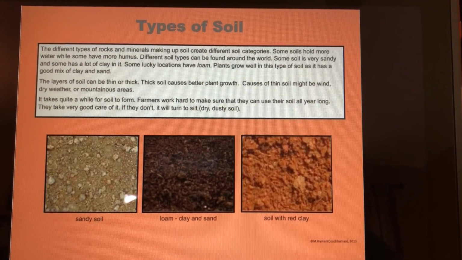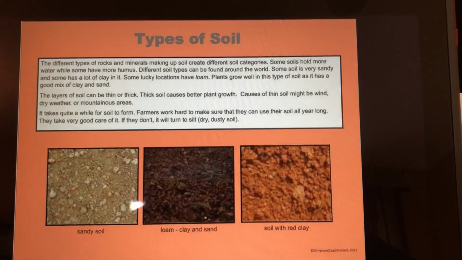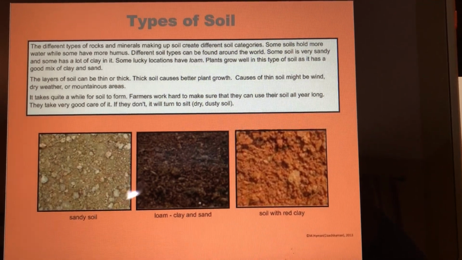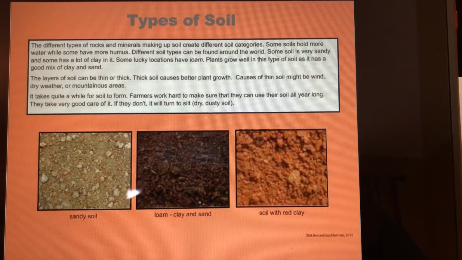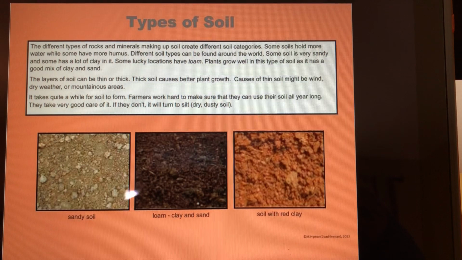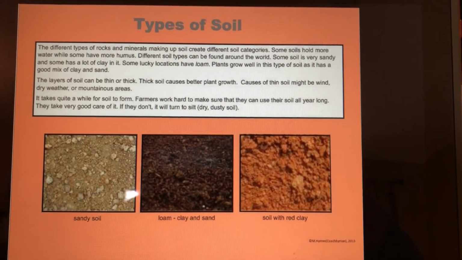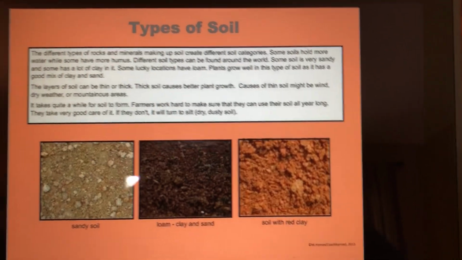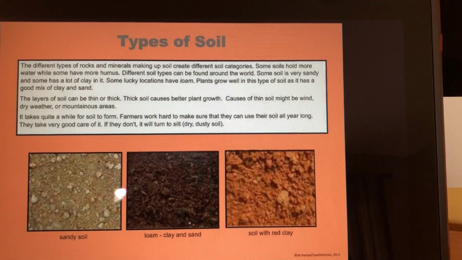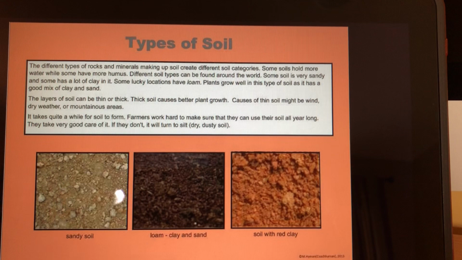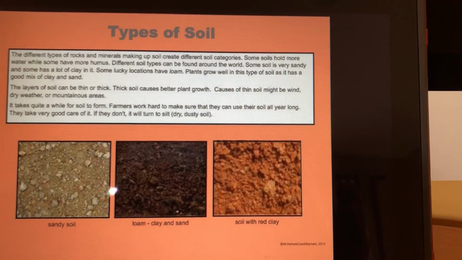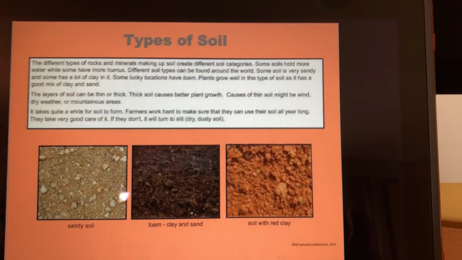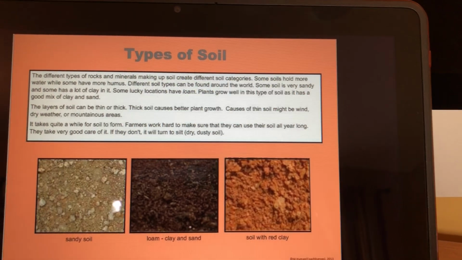The causes of thin soil might be wind, dry weather, or mountainous areas. We do experience some of that thin soil, and it takes quite a long time for soil to form. Farmers work hard to make sure that they can use their soil all year long, so they take really good care of their soil. That's their livelihood, what they make most of their money from.